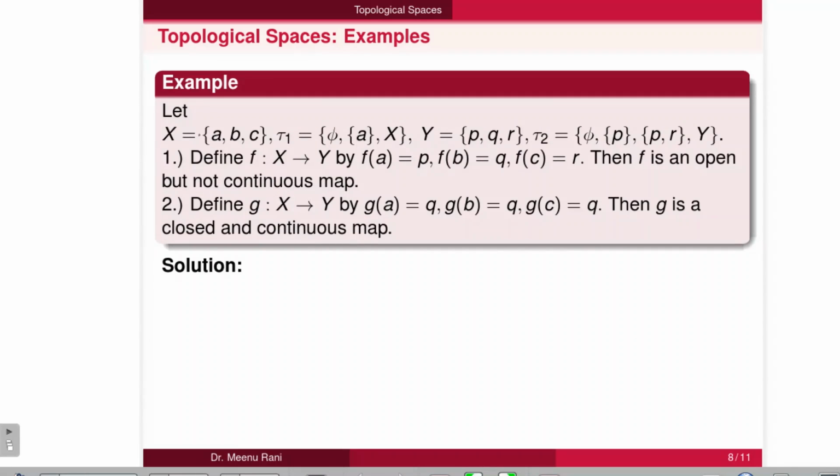Now the next example we have, let X be a set here and tau 1 is a topology on it and Y is another set and tau 2 is a topology on the set Y. So in the first part we define F from X to Y, F of A is mapping to P. So X is containing A, B, C, Y is containing P, Q and R. A is mapping to P, B is mapping to Q, C is mapping to R here.